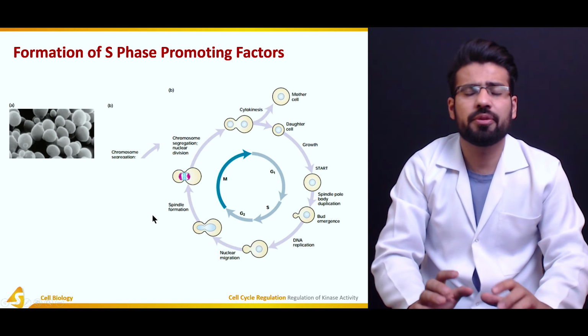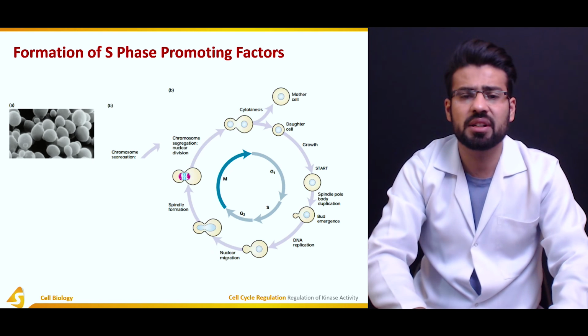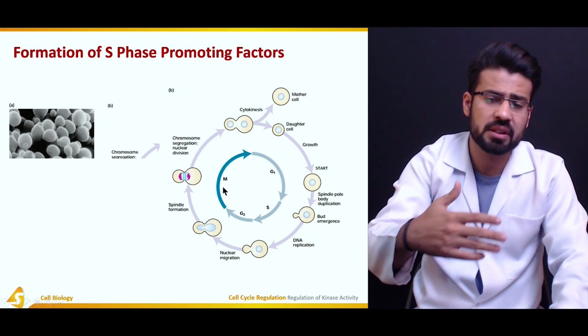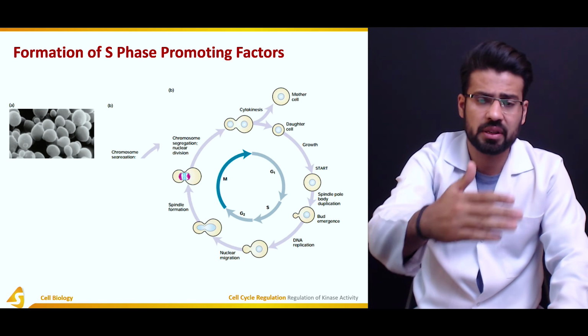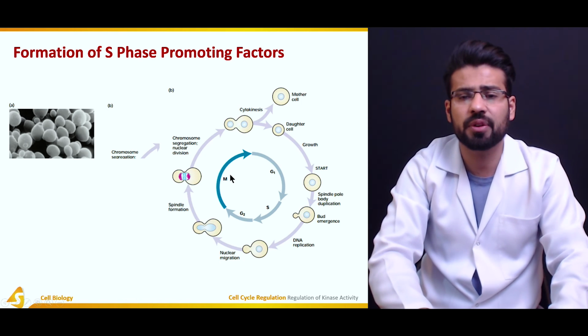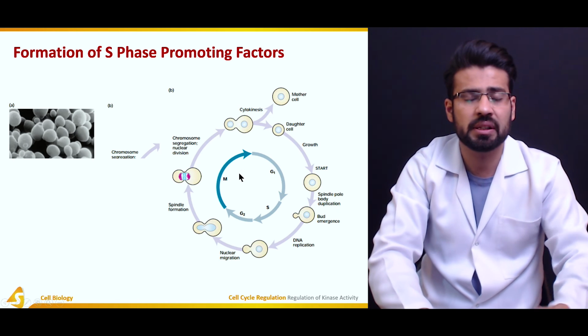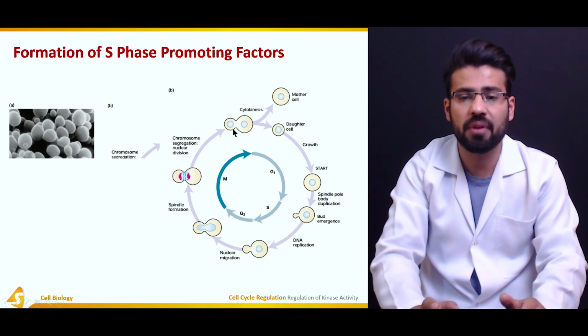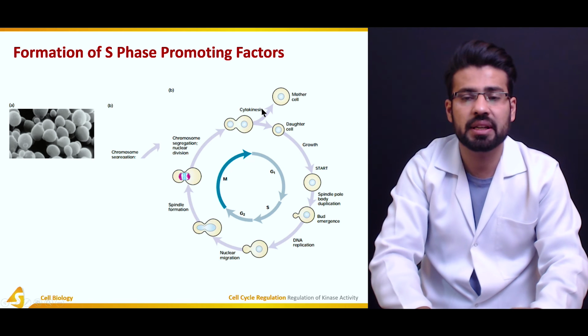So talking about the formation of S-phase promoting factors, we have M phase, the mitotic phase, where all of the phases occur starting from the prophase, metaphase, anaphase, telophase. This is followed by cytokinesis, where the cytoplasm is being divided and there is a mother cell and there is a daughter cell.